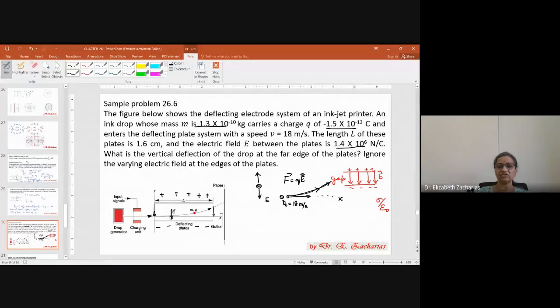What is asked is, what is the vertical deflection of this drop at the far edge of the plate? That means when it reaches here, what is the displacement in the upward direction? So this is the problem.